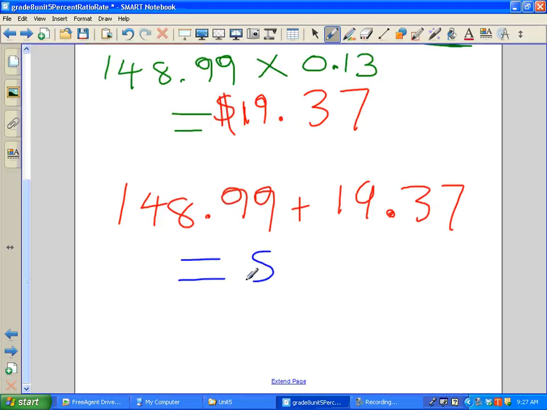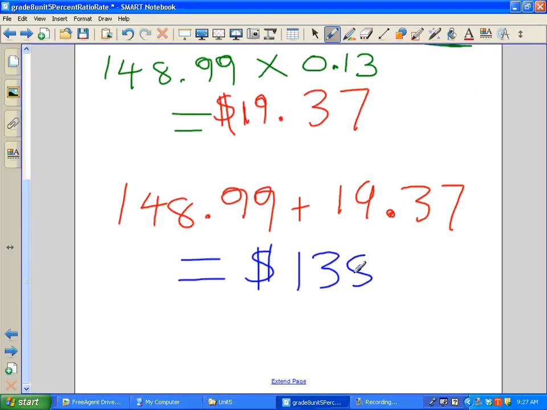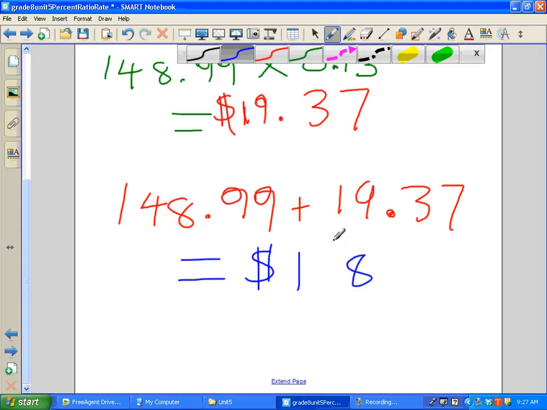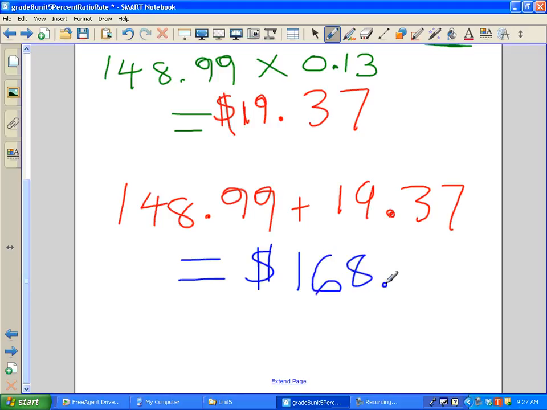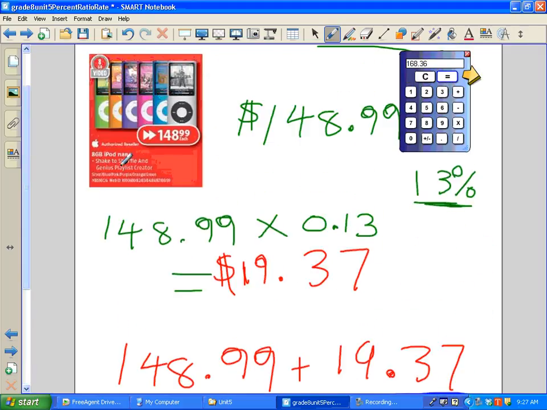So our total is $168 and, of course, 36 cents. So that's in total what we are going to pay for this iPod.